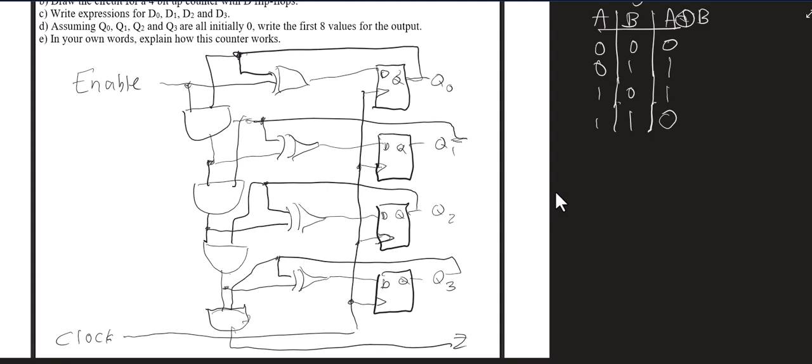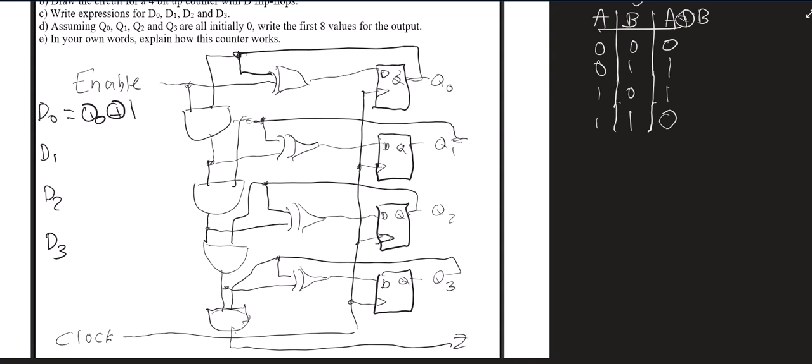At this point, you're like, okay, that's a lot of stuff. Sure. But then the next thing I want to do is to write expressions for D0, D1, D2, and D3. So these are the expressions for what's going in to these D flip-flops. And if we look at what's going in to this D flip-flop, it's Q0 exclusive OR 1.